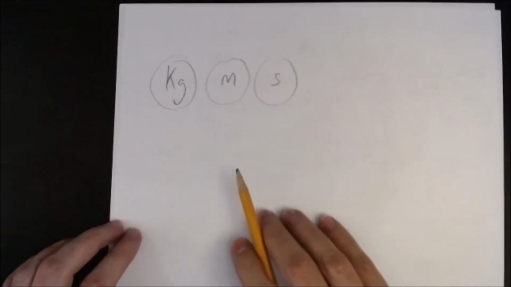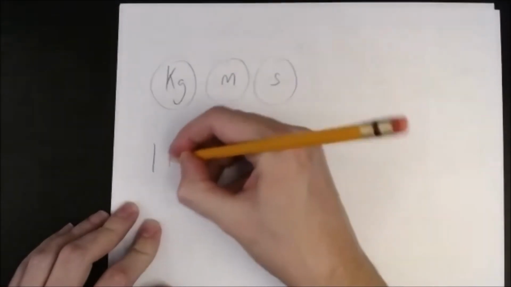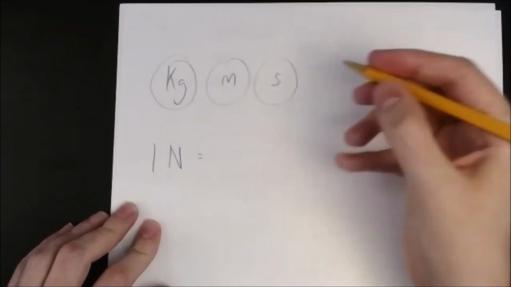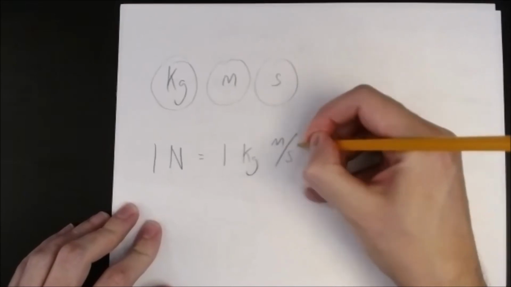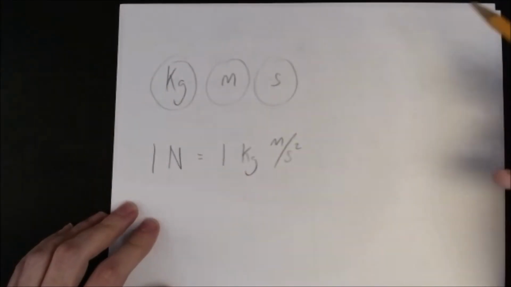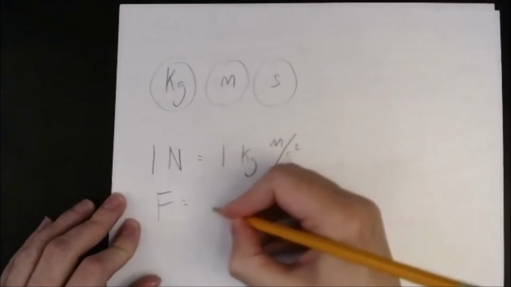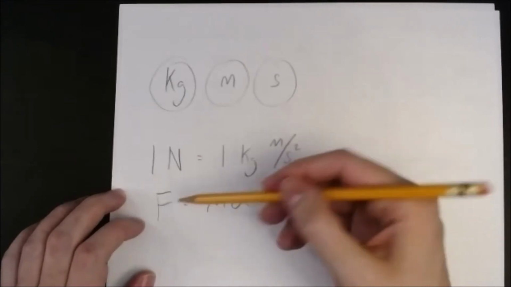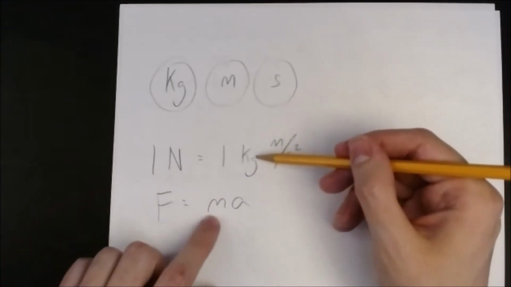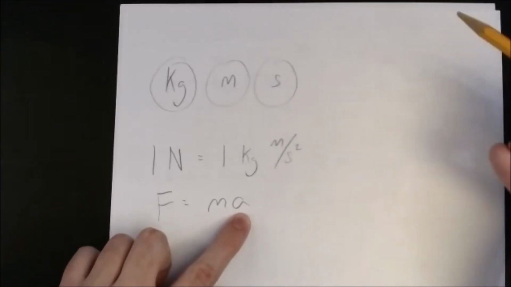And we will get these things right, because 1 newton is equal to 1 kilogram meter per second squared. So if we take an equation like F equals ma, and we want the force to be in newtons, the mass has to be in kilograms and the acceleration has to be in meters per second squared.